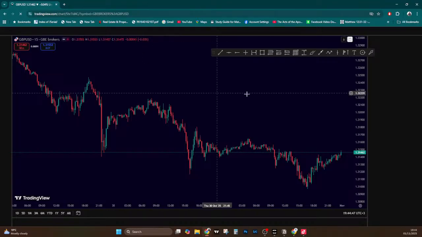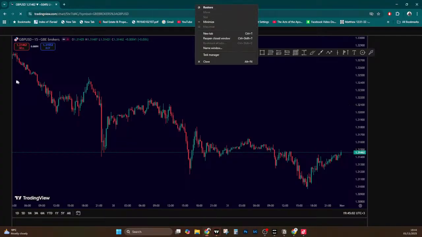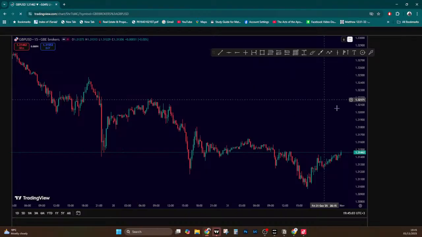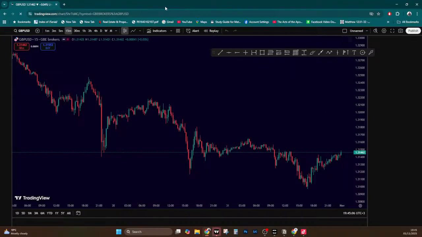Oh, TradingView is doing something. Probably that is why it is not opening, because I don't understand why it is not opening. Even if they have a change, at least it is supposed to open. It just keeps spinning. Let's give it time.